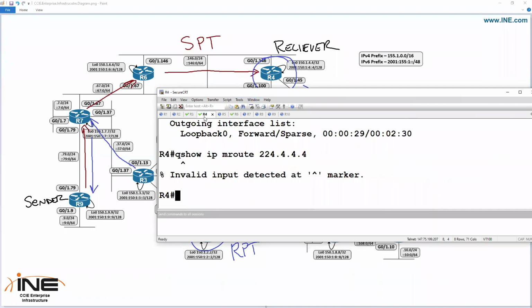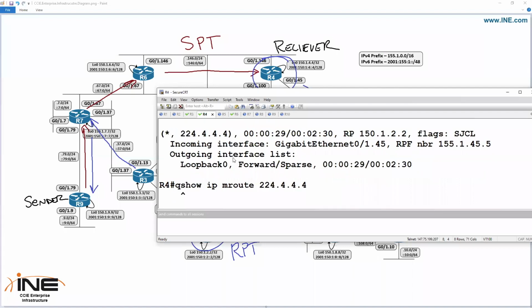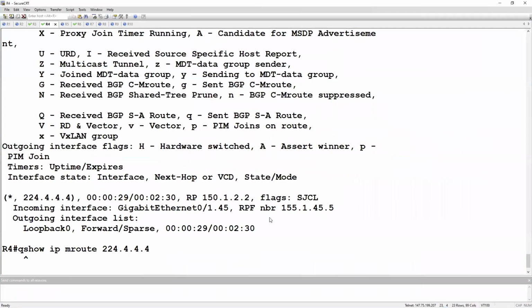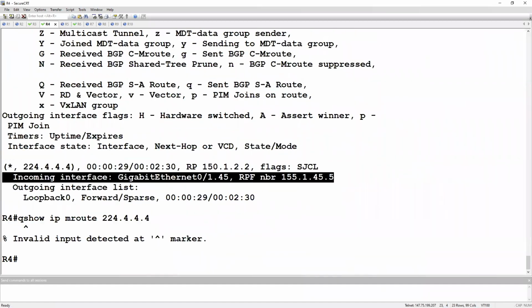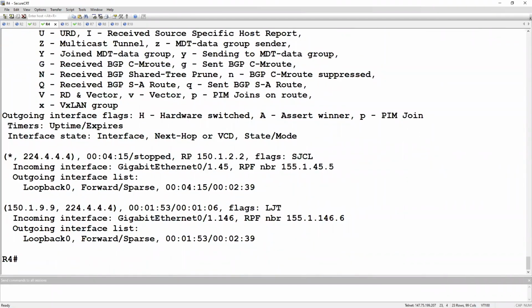Okay, from router 4's point of view, likewise, the incoming interface would have changed from gig 0/1.45 to where the shortest path tree is being built. So notice for the star comma G, which is the rendezvous point tree or the shared tree, the incoming interface is gig 0/1.45 because this is the way that we're going to reach router 2, the rendezvous point.